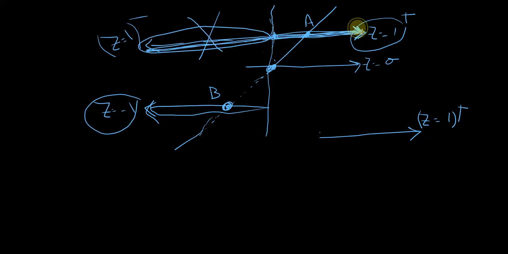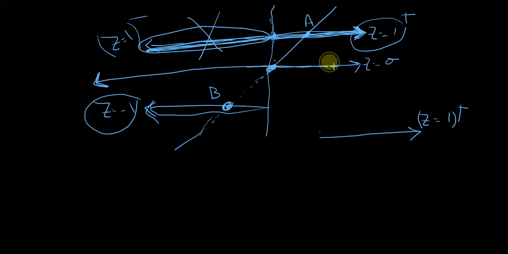The first thing that comes to one's mind is to just extend z equal 1 in the negative portion. But this doesn't work. Why? Because if I extend it, z equals 0 now consists of two sections.